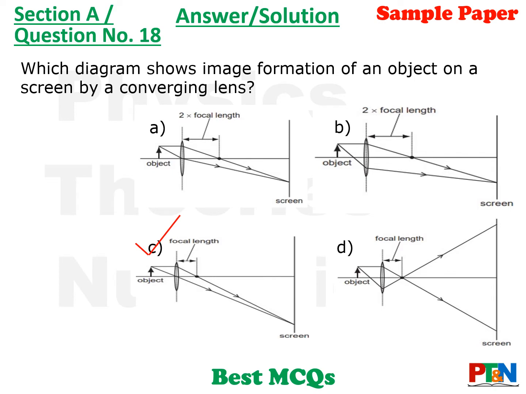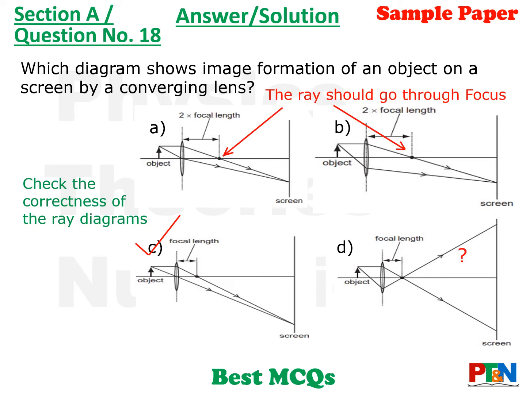Let's understand. You need to check the correctness of the ray diagrams here. 4 different ray diagrams have been given. That means you need to search out which ones are not correct. Look at diagrams A and B. The ray is going through the center of curvature as has been shown by the arrow.